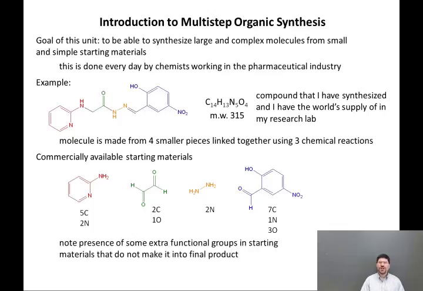So what you should notice is that there are some extra functional groups present in the starting materials that do not make it into the final product. Specifically, there is an extra aldehyde in the green piece, and there is an extra aldehyde in the blue piece. So this is a common theme when thinking about these problems.